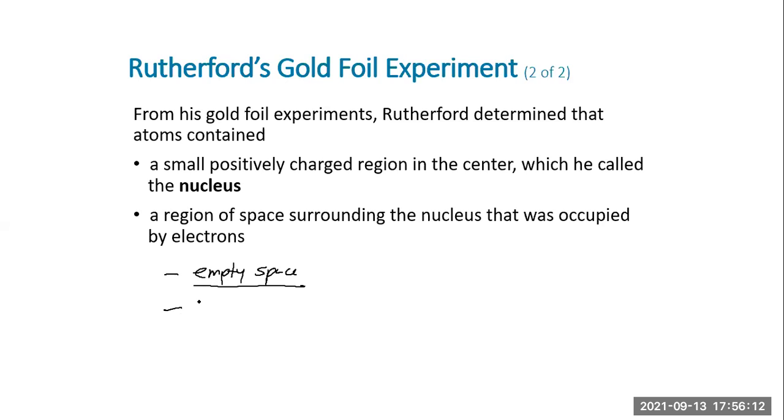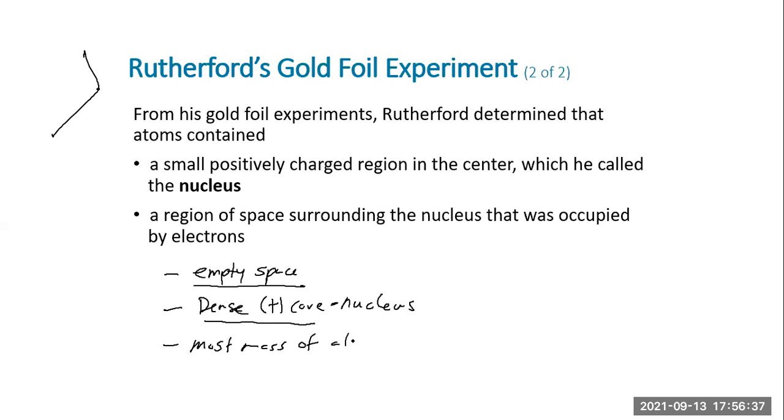So they said that there is a dense positive core known as the nucleus in the atom, and that's what accounted for those alpha particles bouncing off at large angles. They had to hit something very, very positive. They also felt that most of the mass of the atom was in the nucleus.